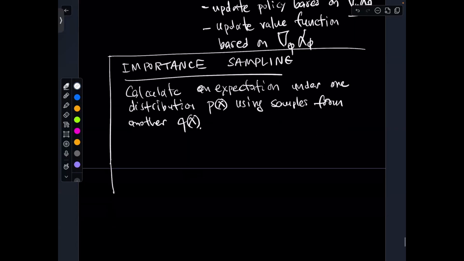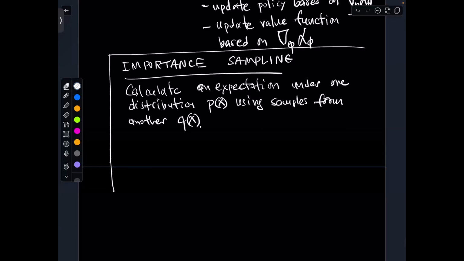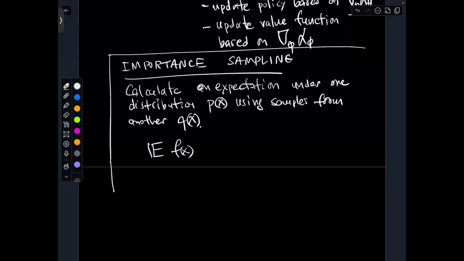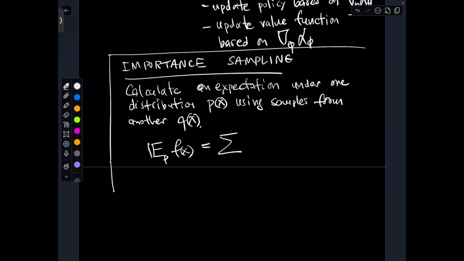Okay, so let's just look at the discrete case. We can do the continuous later. So by definition, the expectation of f of x under p of x is basically the summation over x of p of x, f of x.